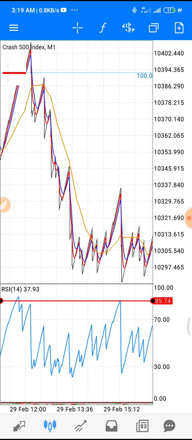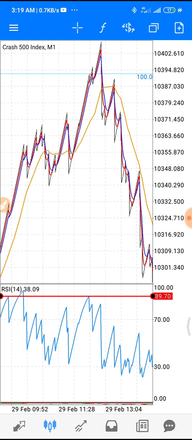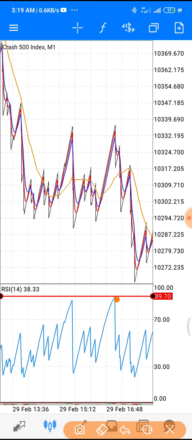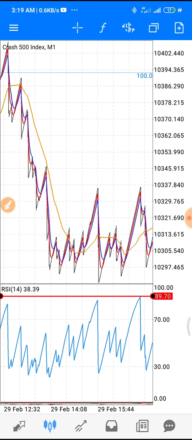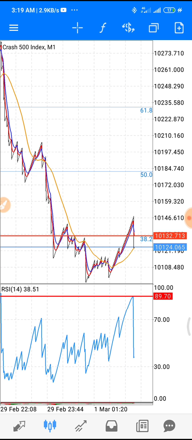I've drawn this resistance level. Can you see these two resistance levels, this one and this one, the same thing. So if I had drawn that before and I was trying to use that to catch that spike, I would have caught this one. Do you see that?